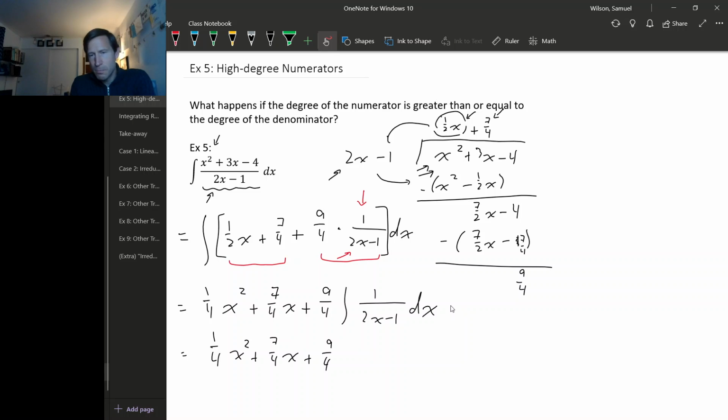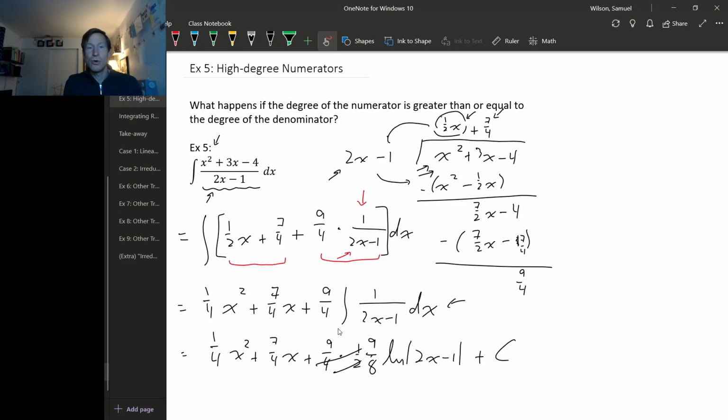And then you may need to do a little u substitution to figure out this antiderivative. The u substitution is going to spit out a factor of 1/2, so, and then we're going to get a natural log absolute value, 2x minus 1. And then we should simplify these fractions. 9/4 times 1/2 is 9/8.